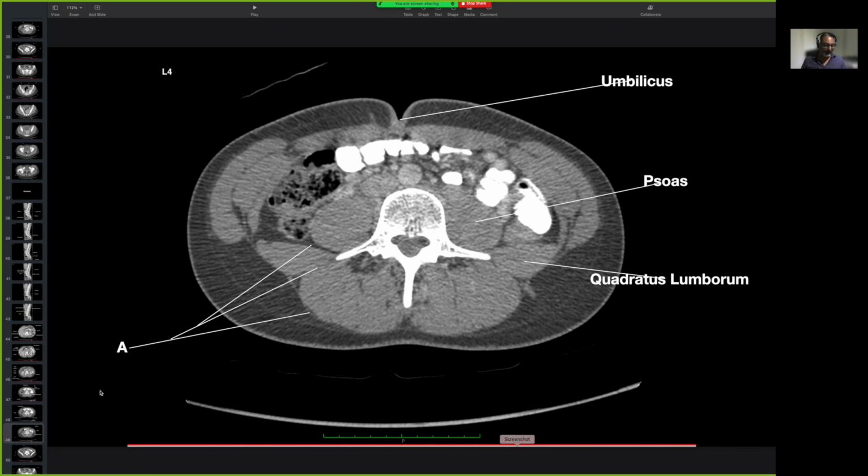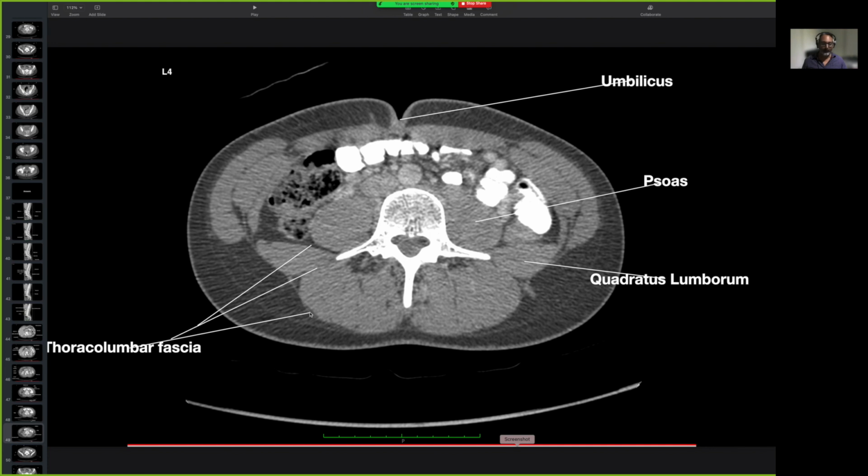Oh, A. Sorry. That is the transversalis. No. Thoracolumbar fascia. That's the thoracolumbar fascia, which attaches Latissimus Dorsi to the posterior wall and attaches the abdominal muscles to the posterior wall.